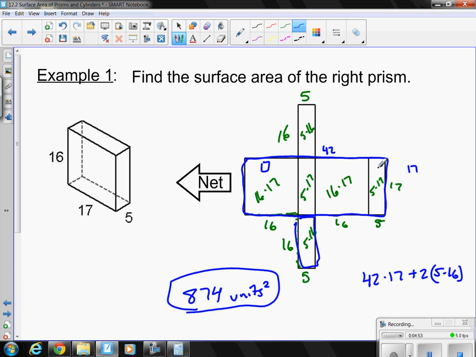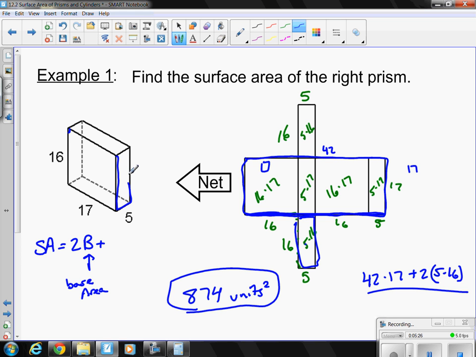Now, we can generalize what we did here into a formula. The surface area of a prism, we're going to have two bases. So 2 times the area of the base. The capital B means base area. And plus this length here, the 16 right here.